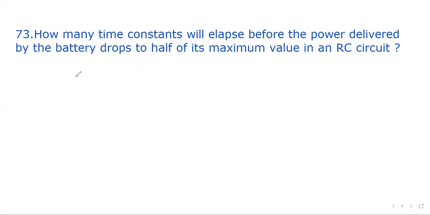Question number 73. How many time constants will elapse before the power delivered by the battery drops to half of its maximum value in an RC circuit? So P equal to EI, and the maximum value of P will be equal to E times I0, because E will remain constant, only I will attain its peak value.